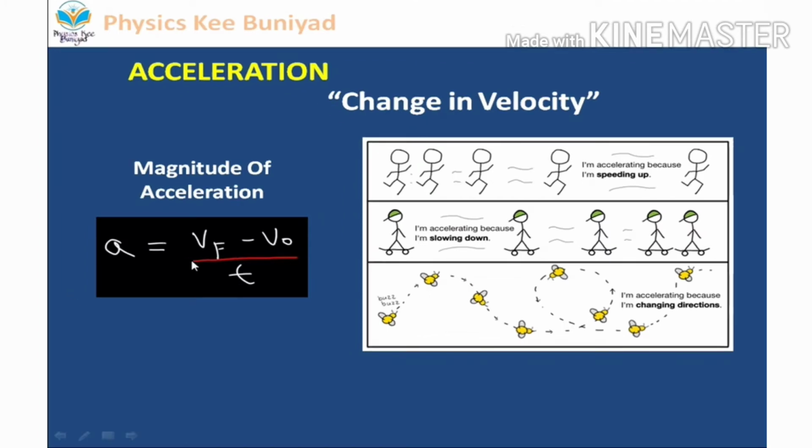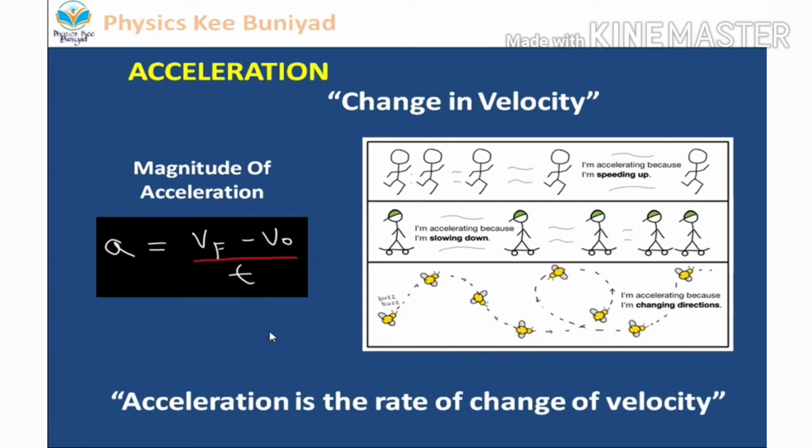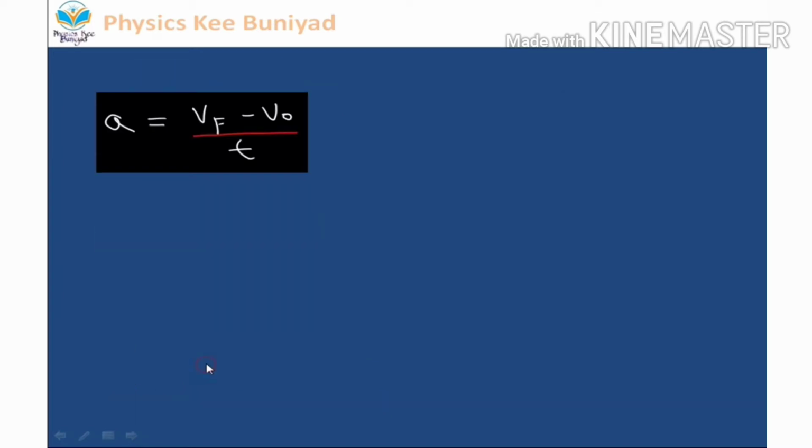Now you can say acceleration is the rate of change of velocity, meaning how the velocity changes with respect to time. The amount of velocity change per unit time is called the acceleration. You can use this formula.